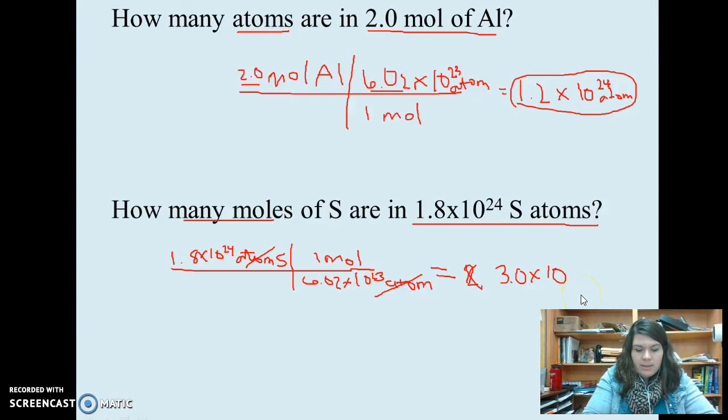There we go. Sorry, this messed it up. My answer is just going to end up, I can keep 2 sig figs, so it's just going to be 3.0 moles. 3.0 moles of sulfur is what we end up with.